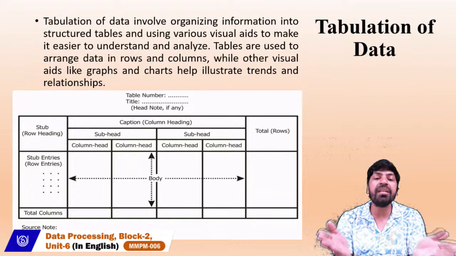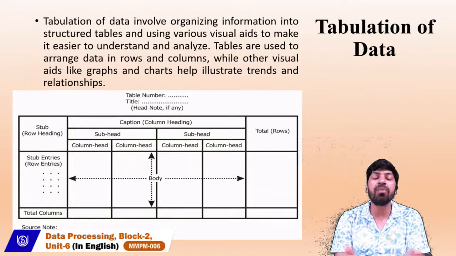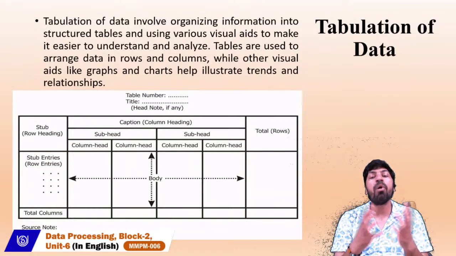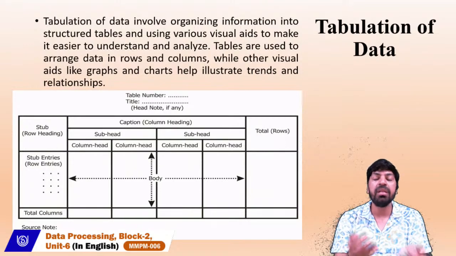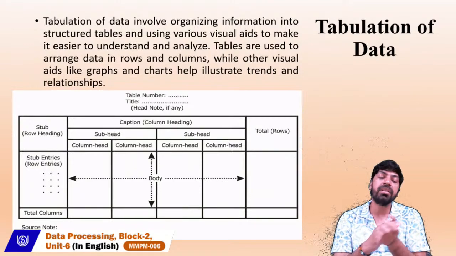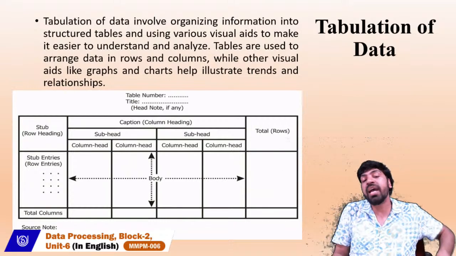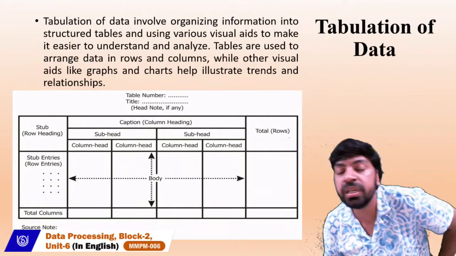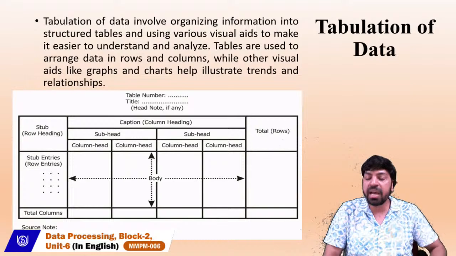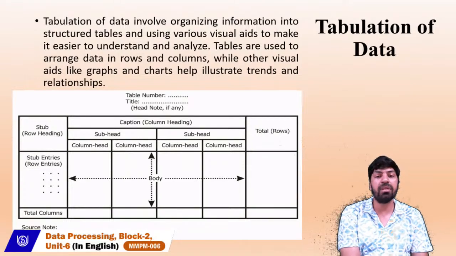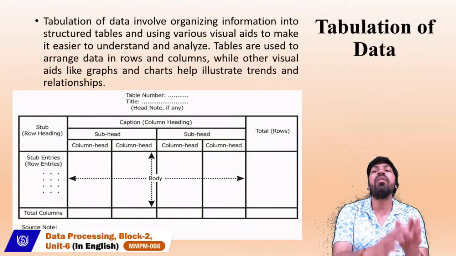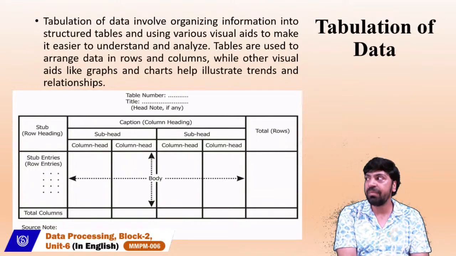Then whatever values or data are to be written down in the table, that would be the body content of the table, then the total of rows and total of columns. Then if you want to write any source note like a footnote, any source of data, any name, you can write it down at the end of the table. So this is the format of the tables.